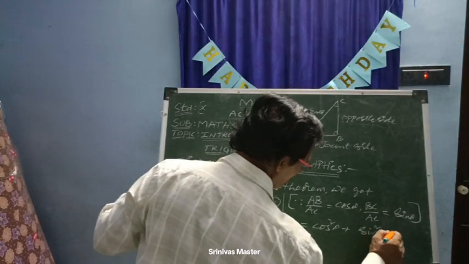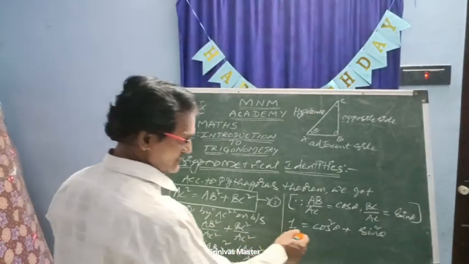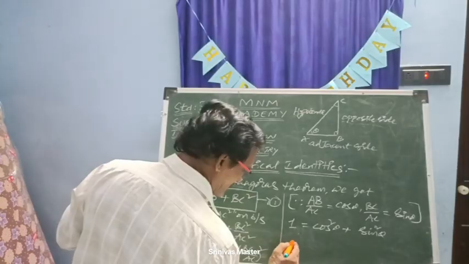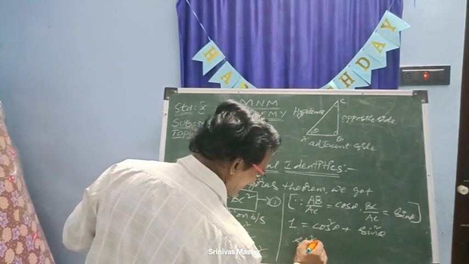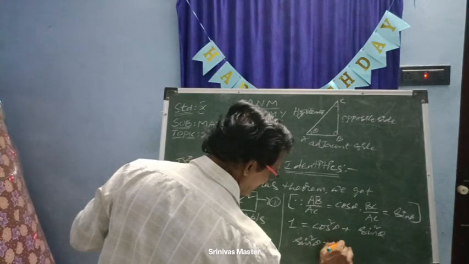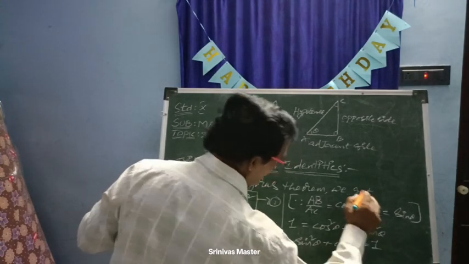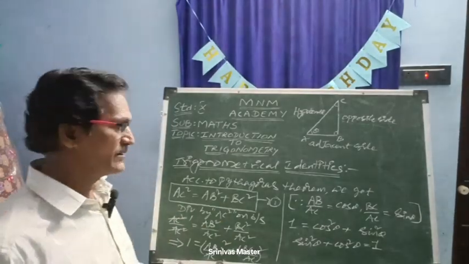Don't write sin theta square, because theta is the angle. So 1 is equal to cos square theta plus sin square theta, which can also be written as sin square theta plus cos square theta equal to 1. This is the first proof, one of the trigonometrical identities.